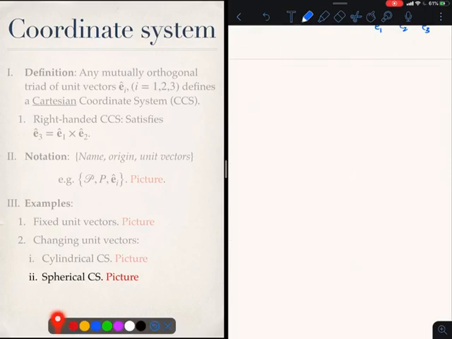Let's move on to a spherical coordinate system. Again, we start off with a fixed line in space. We have a point P. We have an origin, and let's call the origin O, and we have this line over there which defines this unit vector ER. This fixed line defines EK.